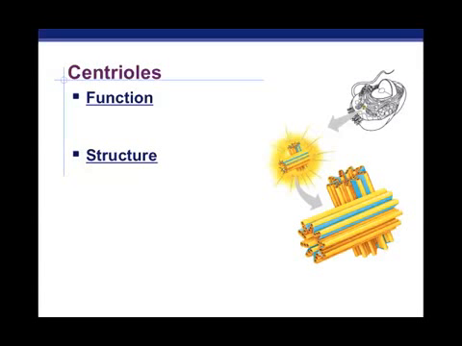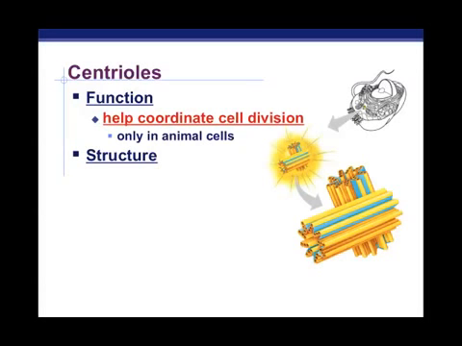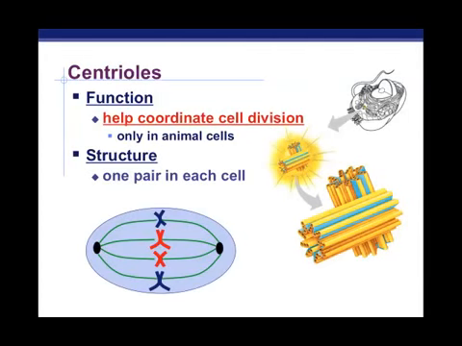So centrioles are also part of the cytoskeleton. You have a pair of them in animal cells, and they help cell division. And that little black dot on each end is one of those centrioles. They split apart when the cell divides.